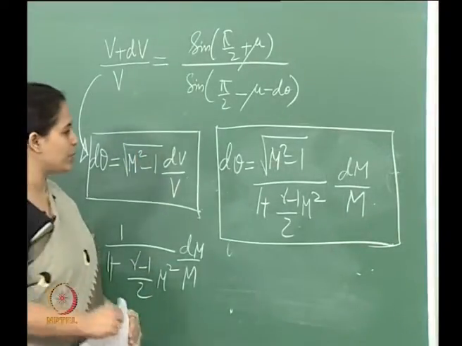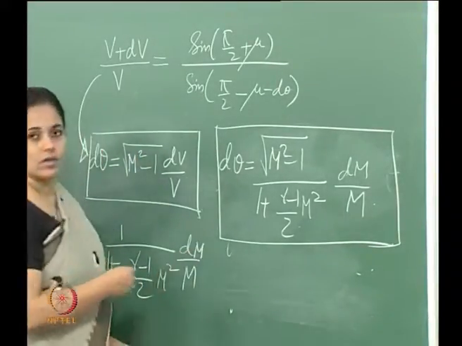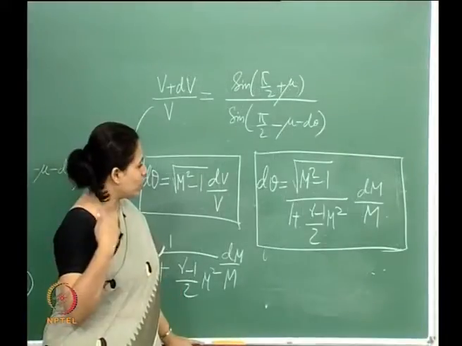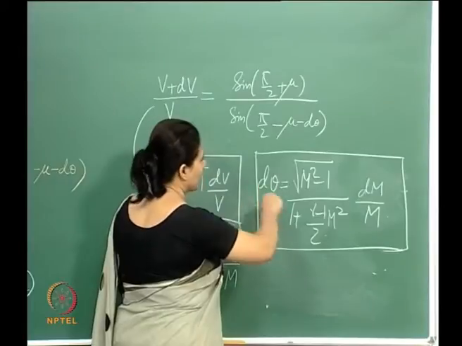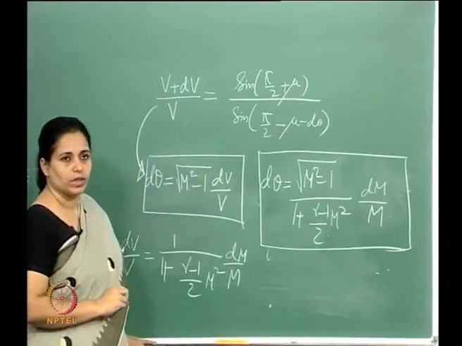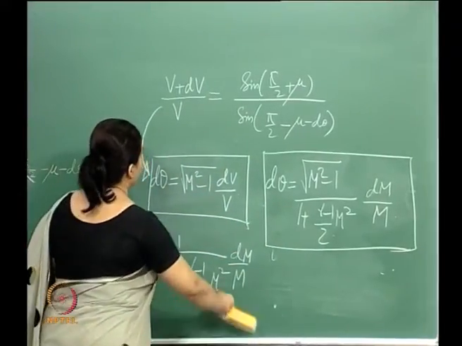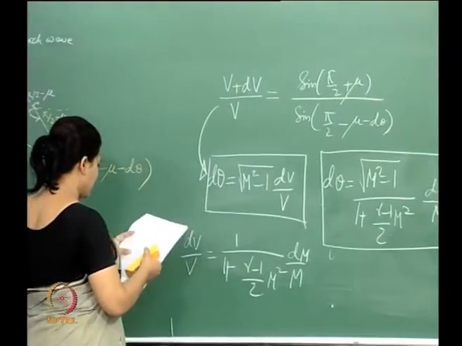So, this is basically the differential equation which governs the Prandtl-Meyer expansion fan, and this is the Prandtl-Meyer equation. Now, we are going to work a little bit along with this.